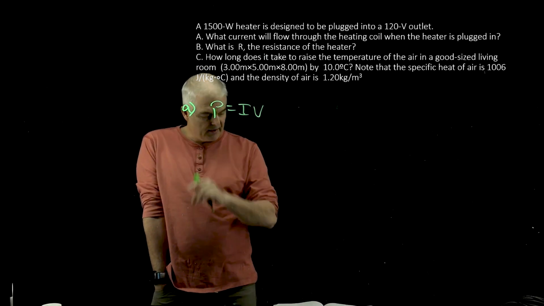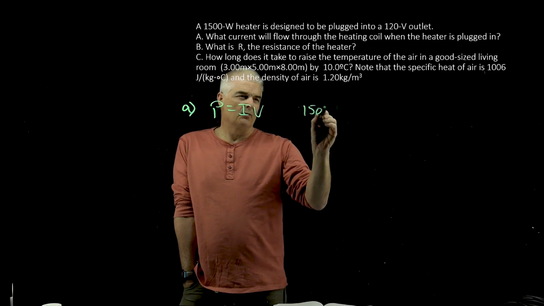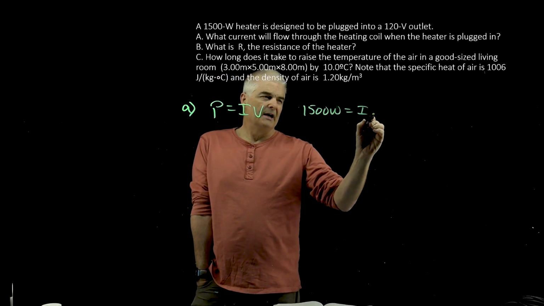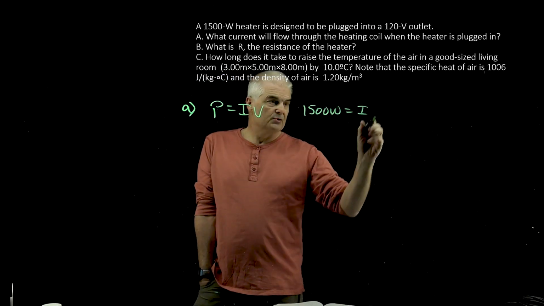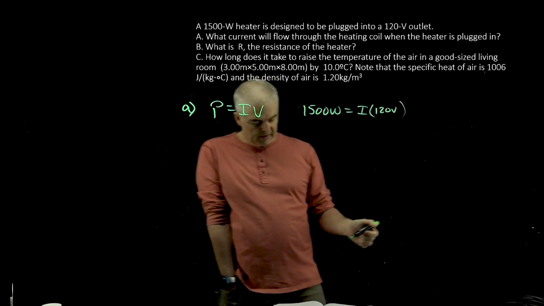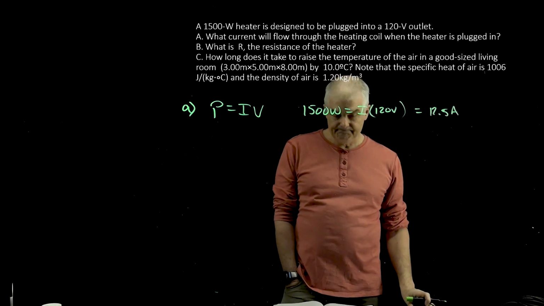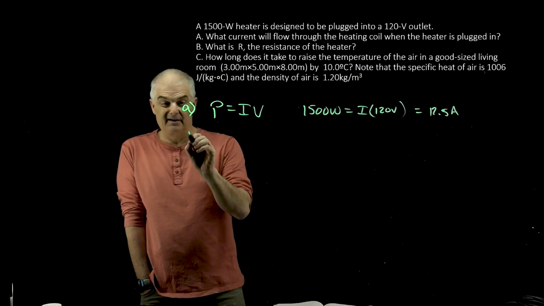And we know the power was 1500 watts. So I'll just say 1500 watts is equal to I times the voltage, and the voltage was 120 volts. I do some simple algebra, and I get 12.5 amps. So pretty easy. Question A, it's just plug and chug, right?